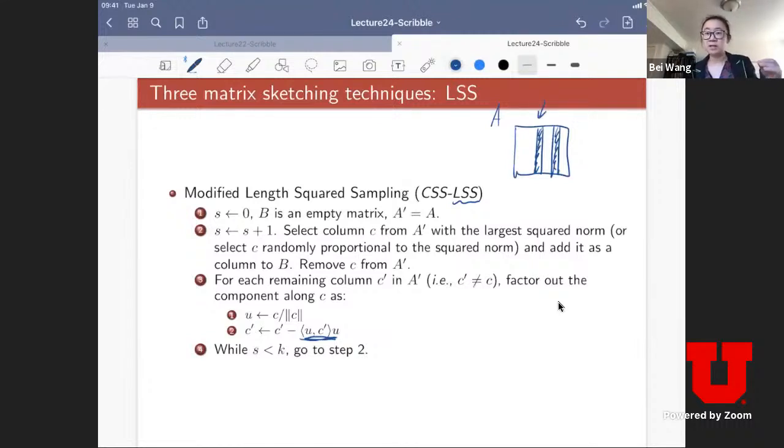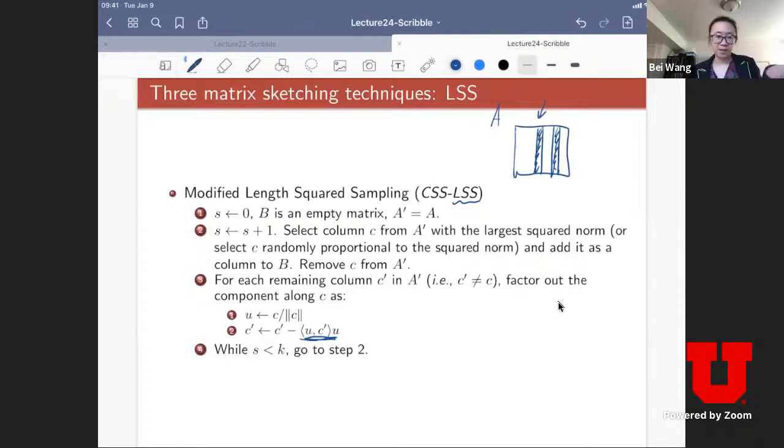So by projecting along, or factoring out the component along, the existing direction, I try to enforce that my next basis vector is chosen to be almost orthogonal to the one I just chose. Does this make sense so far? The idea is I want to choose distinct columns.